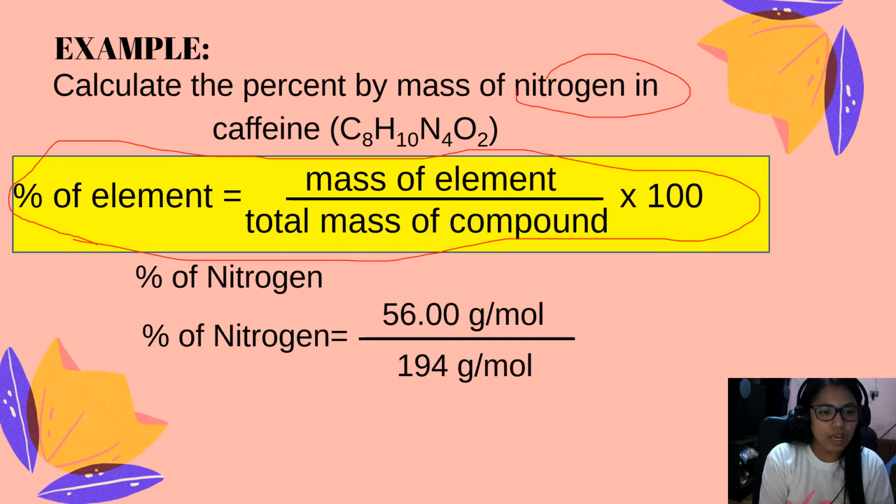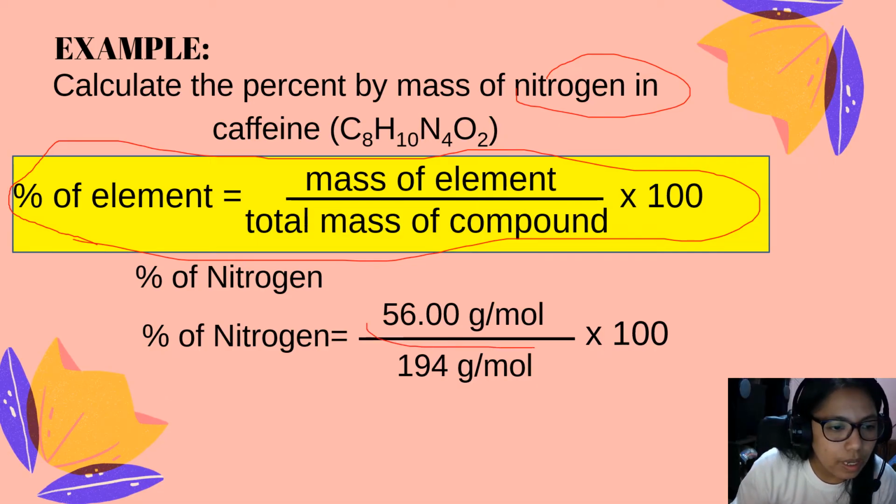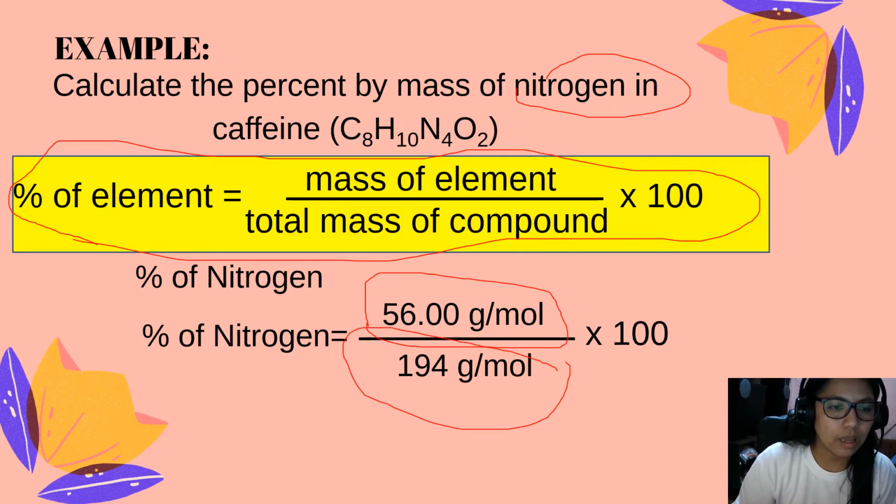I-divide natin siya sa total molar mass ng compound na 194 gram per mole. Then, i-multiply natin siya sa 100. So, again, this one is the molar mass of nitrogen. I-divide natin siya sa total molar mass ng compound. Then, after that, i-multiply natin siya sa 100.